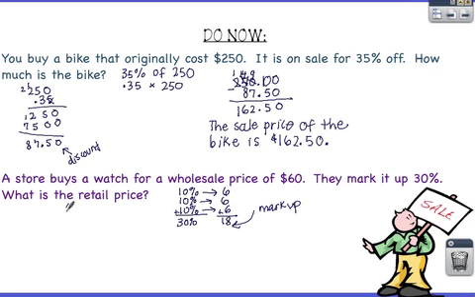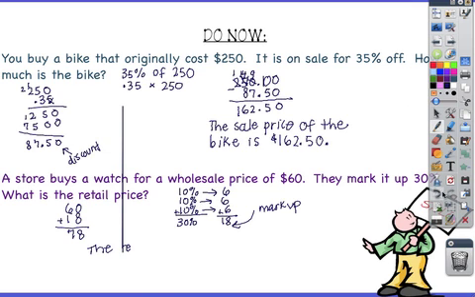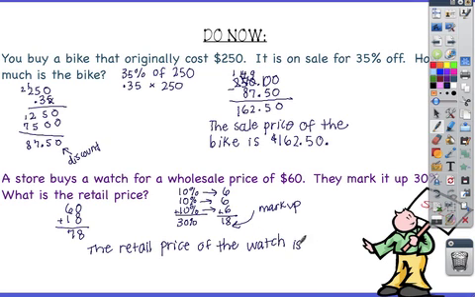So we need to add 60 plus 18 in order to find the retail price. So the retail price of the watch is $78.